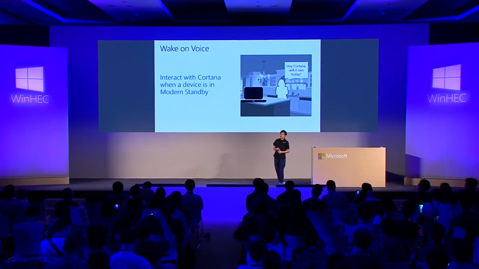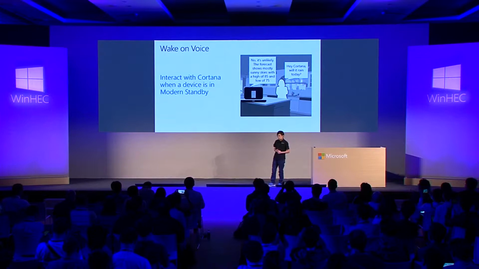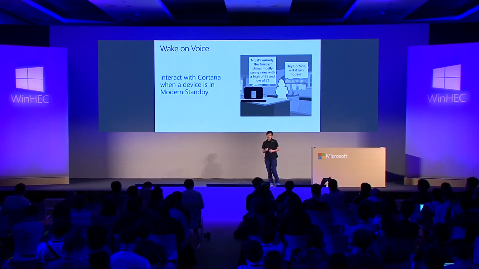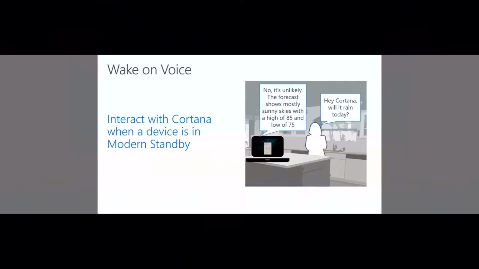So let's switch gears and review a few of many scenarios and usage models that modern standby platforms offer over legacy S3. Let's start with Wake on Voice. The scenario enables a Windows device to wake from modern standby using a hardware keyword spotter that is always listening for a keyword, "Hey Cortana."